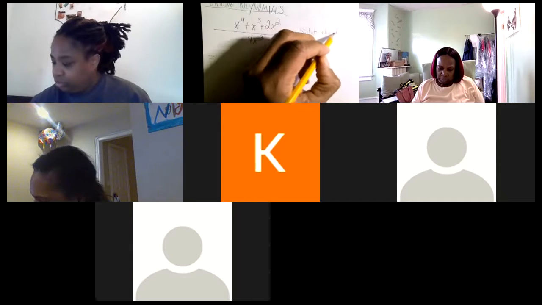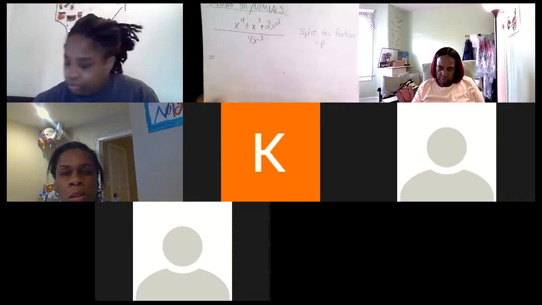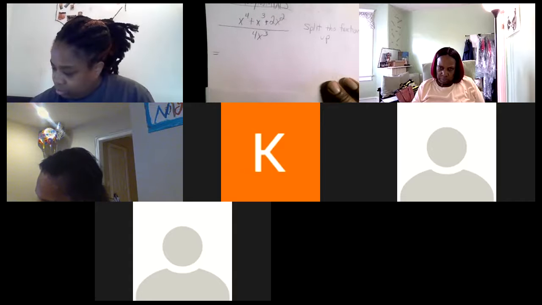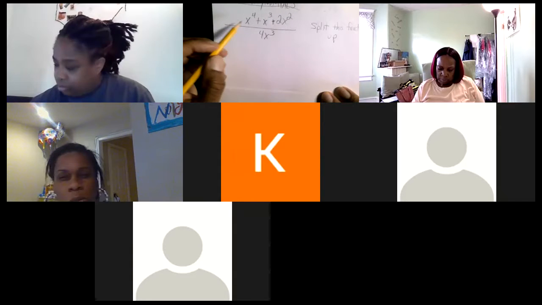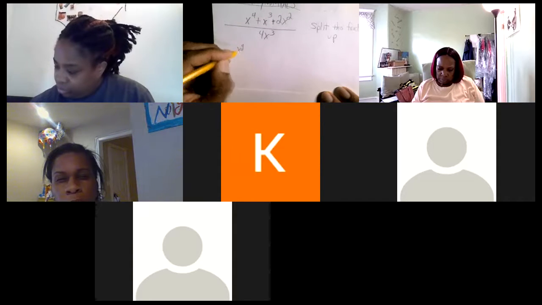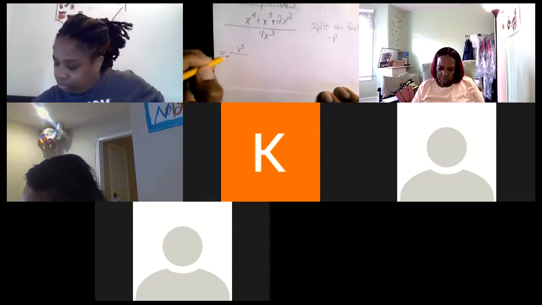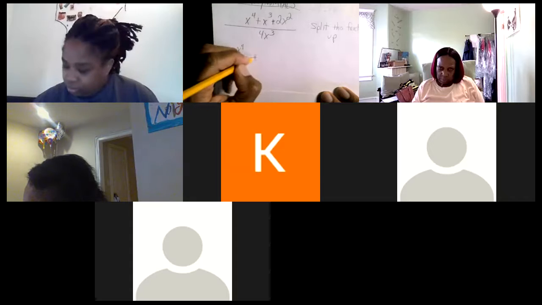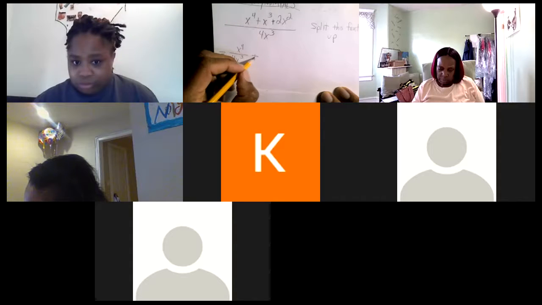this fraction up. That's how we want to do this. We're going to split the fraction up in the following way. So x to the 4th is the first term. I'm going to divide that by the monomial. Plus sign.